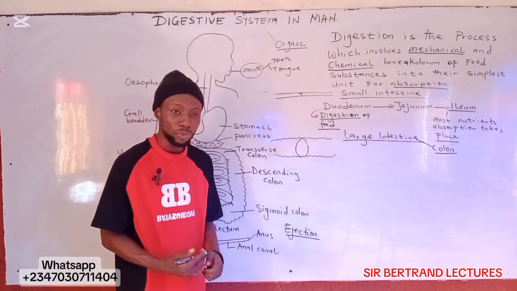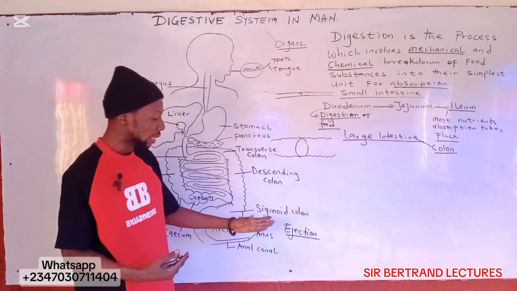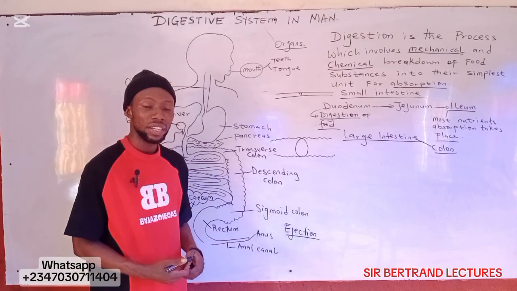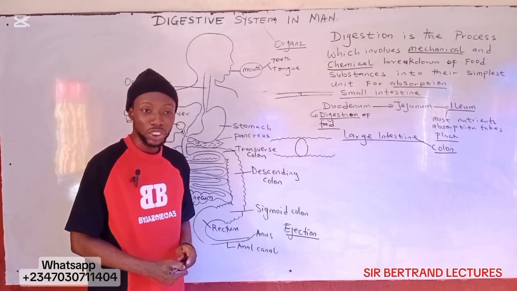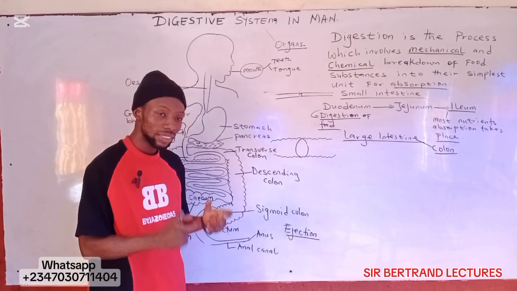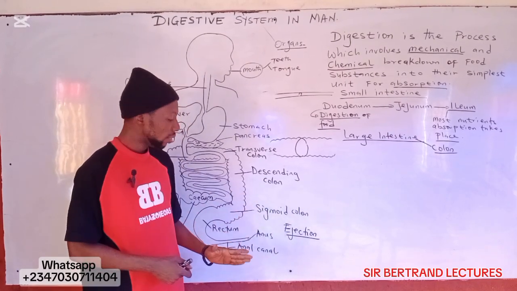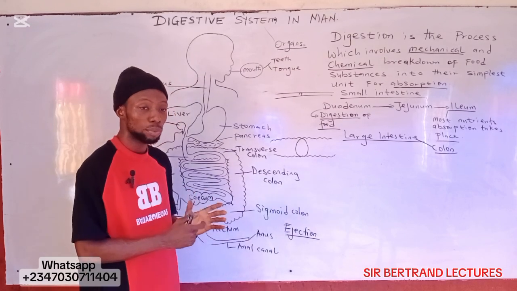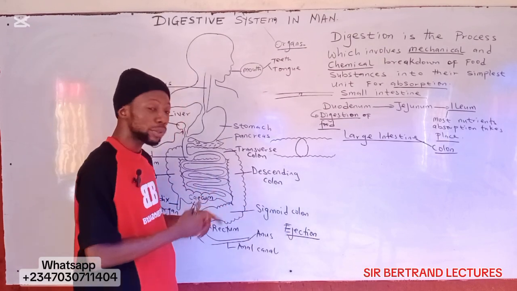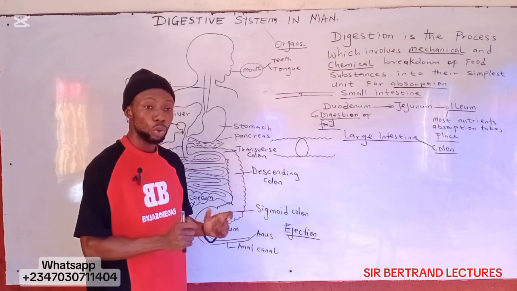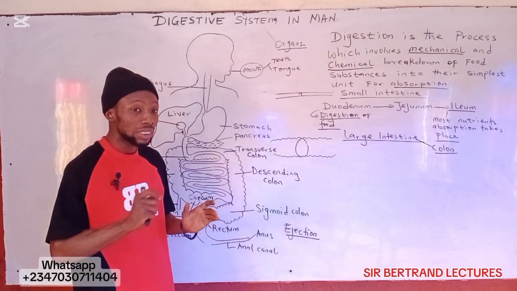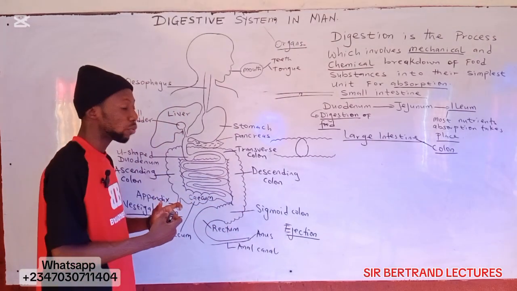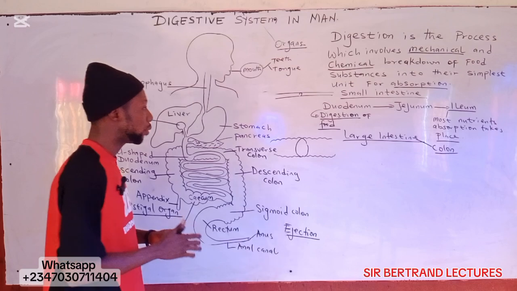The process of removing these undigestible food particles is known as egestion. That is why feces is not described in JAMB as a waste product, because feces is a product of undigestible food particles. Though we have some other waste products present in the feces, produced from certain chemical reactions in the body.